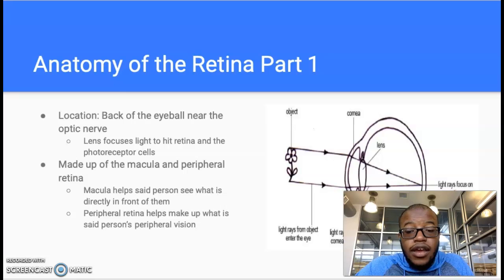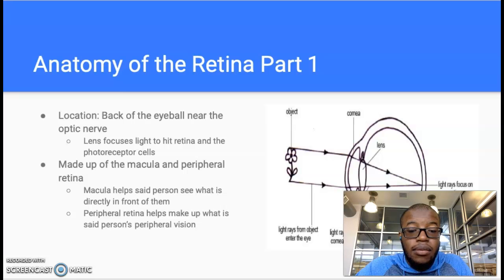So the next slide will include the anatomy of the retina. The retina is located in the back of the eyeball near the optic nerve. This is where the lens focuses light to hit the retina and the photoreceptor cells.